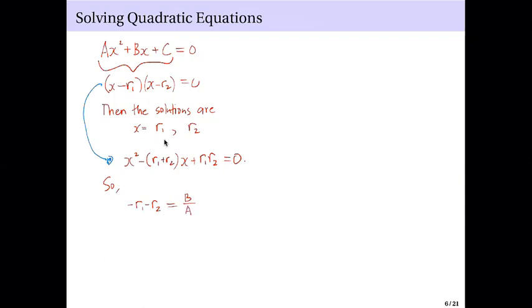Or maybe we can write this as r1 plus r2 is equal to negative b over a. And then the product r1 times r2 is equal to c over a.